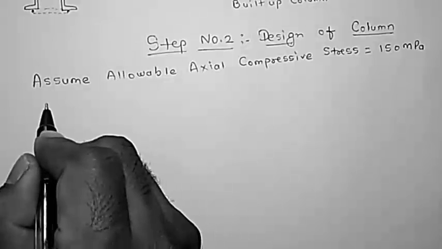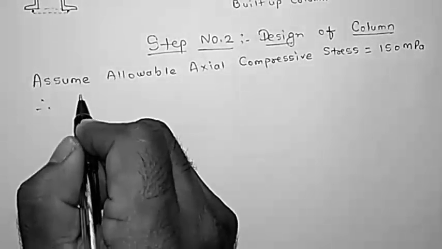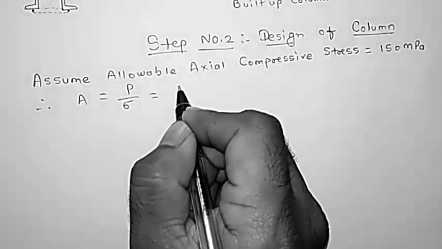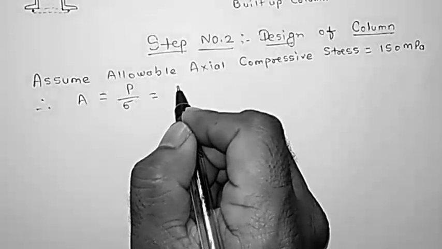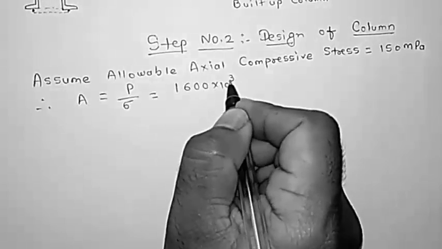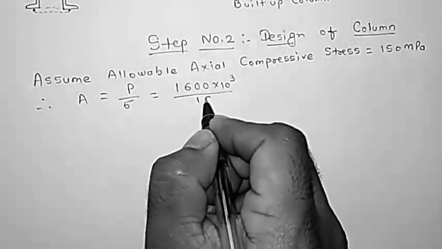Therefore now you can calculate, that is area is equal to load divided by stress. So area equals P divided by sigma. So we have this P, that is 1600. We'll convert it in Newton and divide by stress, that is 150.